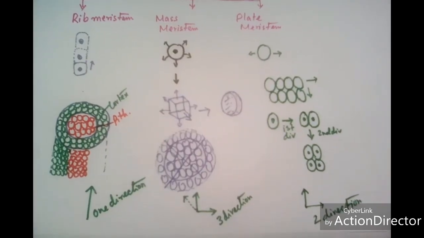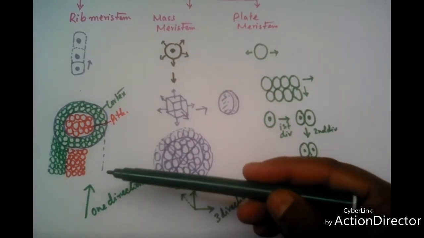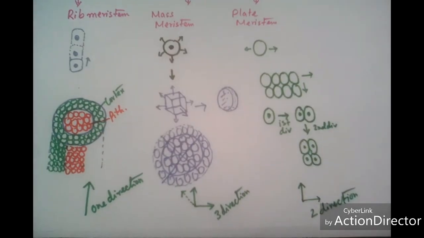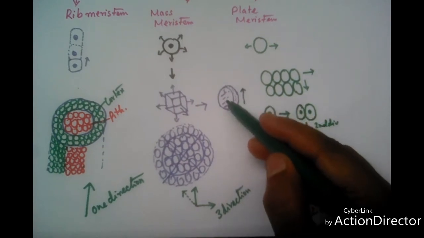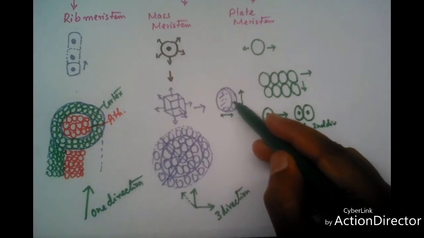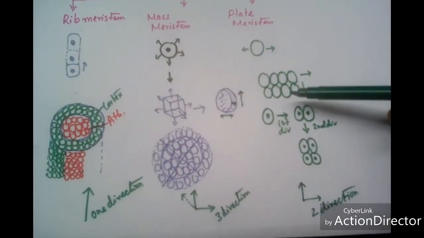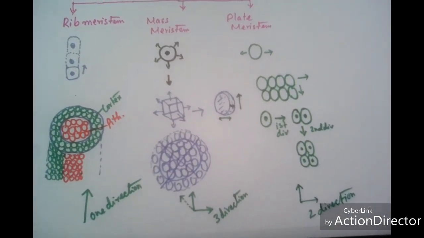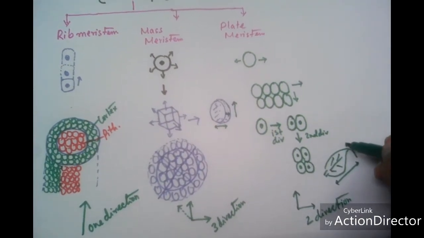So rib meristematic tissue increases the length of a plant. Mass meristematic tissue increases the length, breadth and thickness of a plant, and plate meristematic tissue increases the length and breadth of a plant.